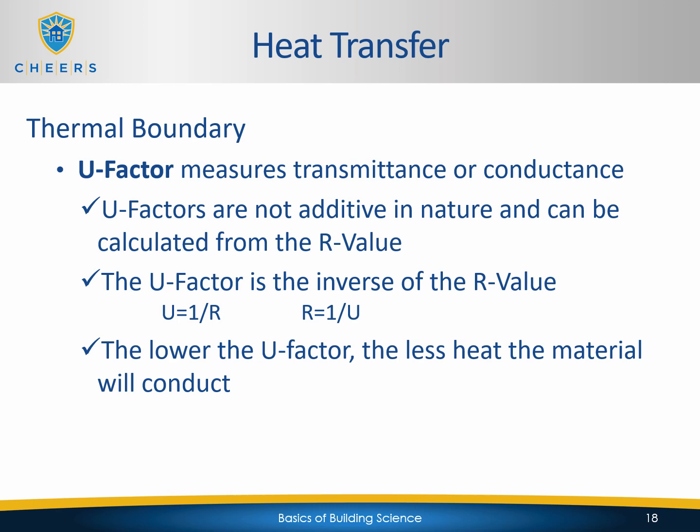The lower the U factor, the less heat the material will conduct. That's also the difference, because they're inverse of one another. The R value, the higher the better. The U factor, the lower the better. The lower the U factor, the less heat the material will conduct, which is a good thing. The higher the R value, the more heat the insulation will be able to stop. Therefore, that's a good thing.